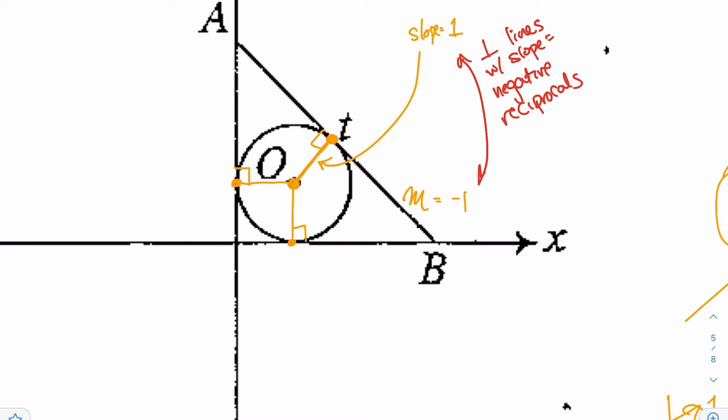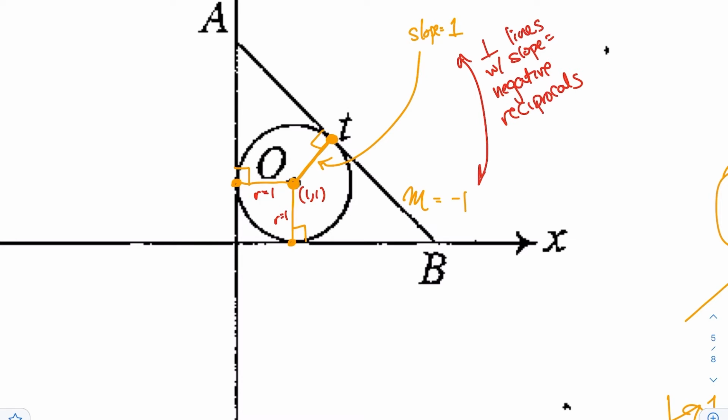All right, so here at the center, because we know the radius is equal to 1, we know that the center is (1, 1). But now you don't want the distance from the center to T, you actually want the coordinates to point T. So that's going to have to include another right triangle.